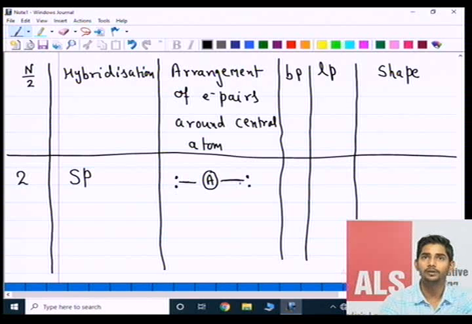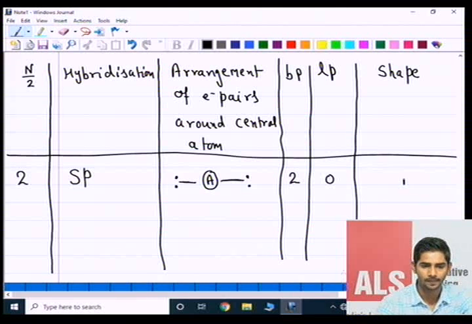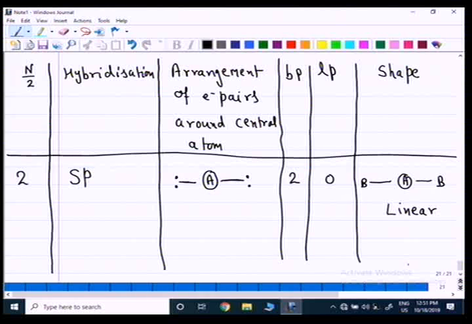You will draw it like this. Bond pairs are 2, lone pairs are 0. If this situation is satisfied, then it will look like this, AB2. And this shape is known as linear.